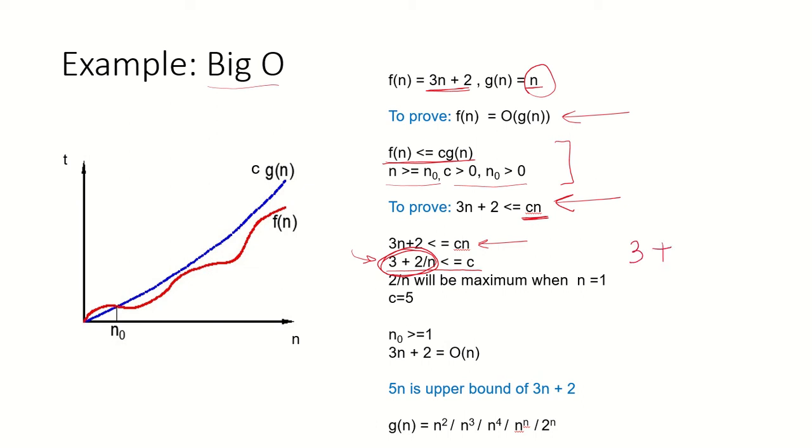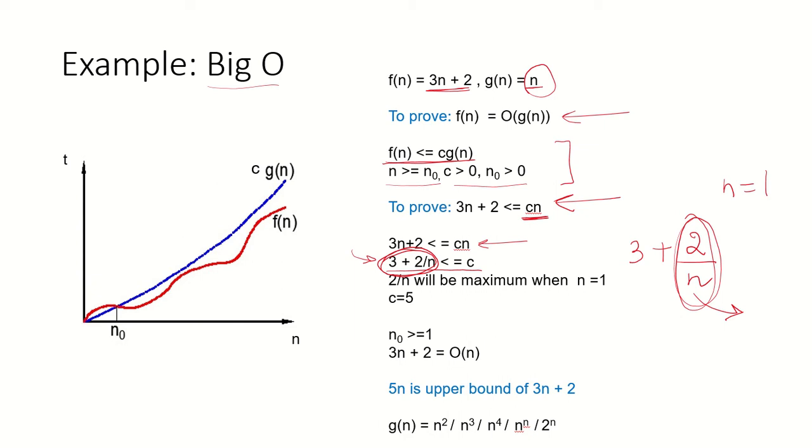So if we look at these terms on the left hand side, when will this quantity be maximum? We know that as n becomes large, 2 by n will start decreasing. That means 2 by n will be the largest when n is equal to 1.